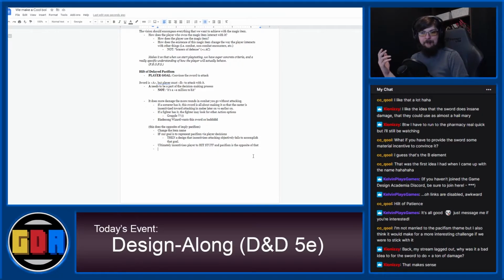Anyway, so we have this whole idea of the sword, and basically where we left off with the design was here. If our goal is to design a pacifism item, an item that represents the concept of pacifism, and we incentivize the player to use it to attack, that's not pacifism, right?